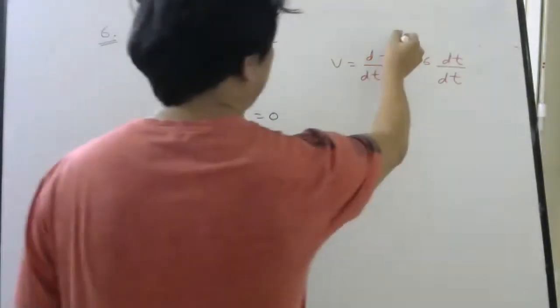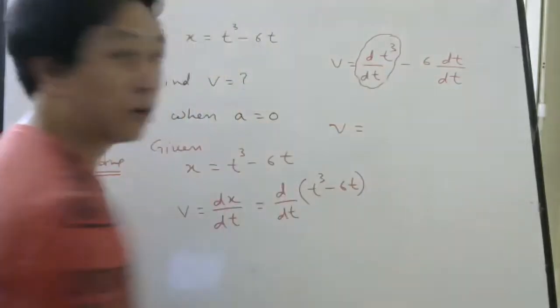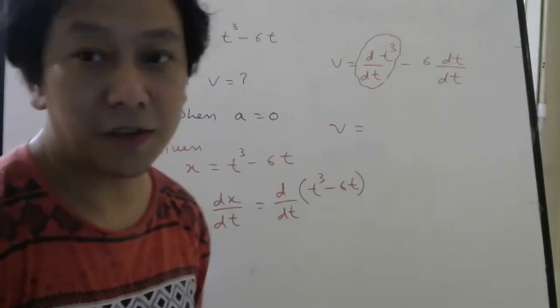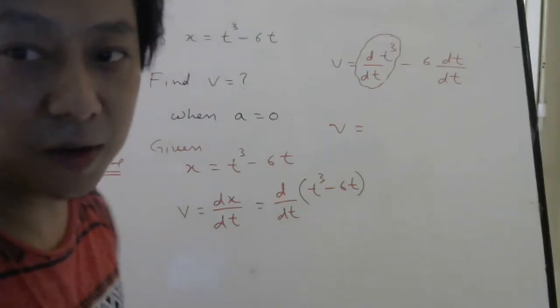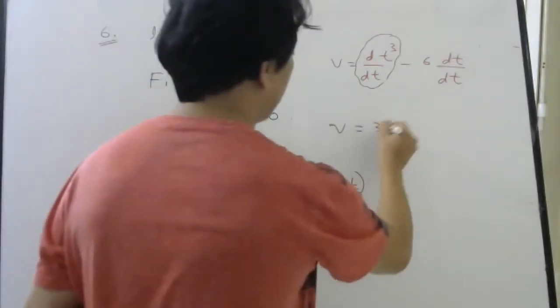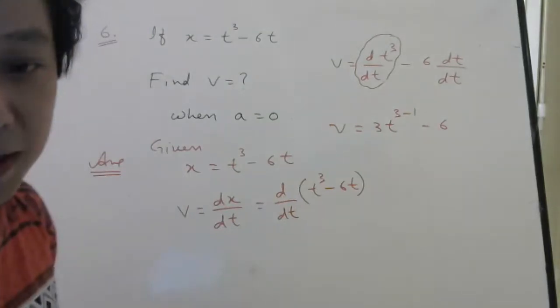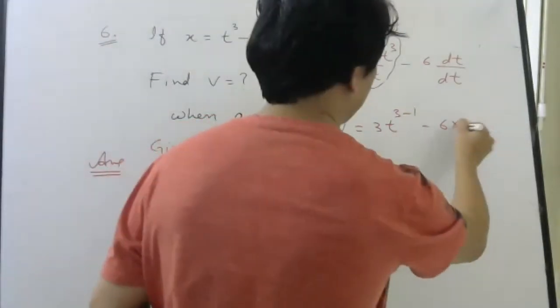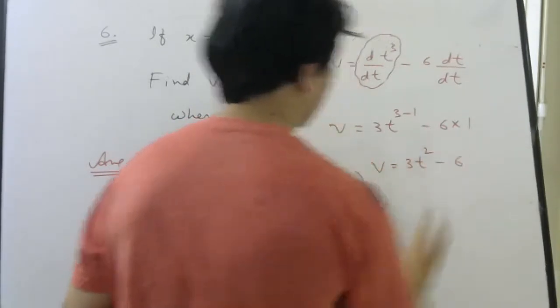What will be this? Apply the formula, differentiation of x power n is n x power n minus 1. So it will be 3t power 3 minus 1, and dt by dt is 1. So velocity is 3t square minus 6.